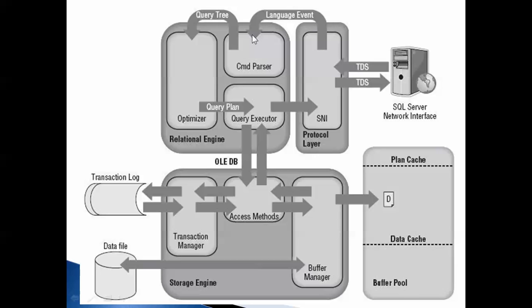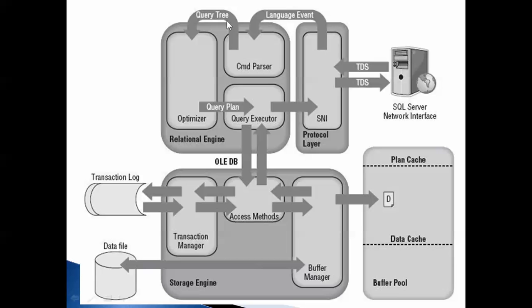As you are aware, SQL Server works primarily with SQL, that is structured query language, but it can also work with XML, and we also have .NET support in SQL. So depending upon the language, the language events are picked up, and then it is handed over to the command parser.